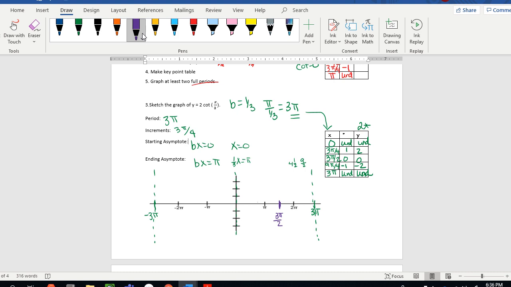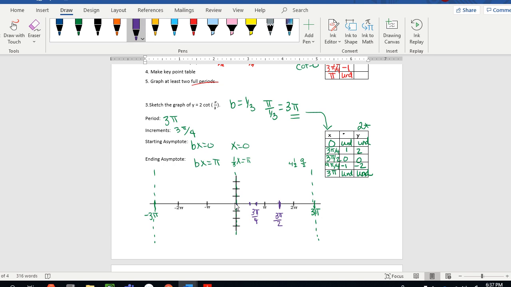And then the halfway point is going to be 3 pi over 4. Guys, here's half pi. 3/4 pi is right there. It makes sense that this point, 3/4 pi, is halfway between 0 and this.